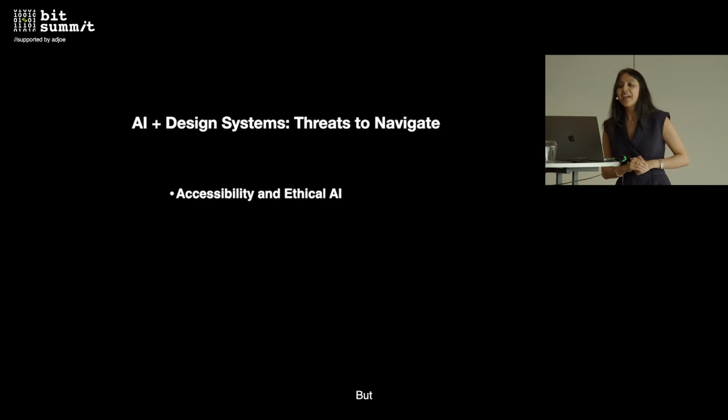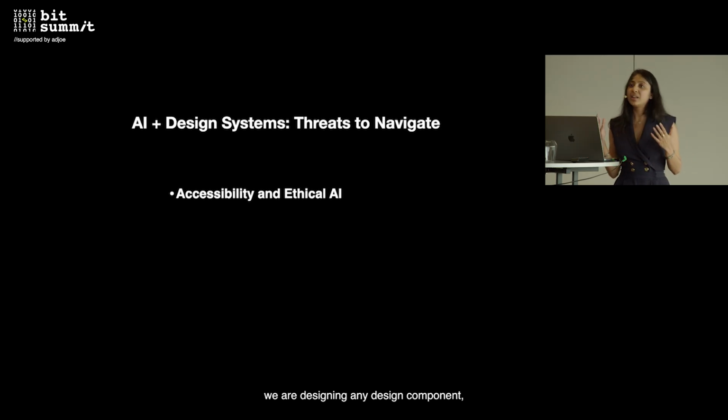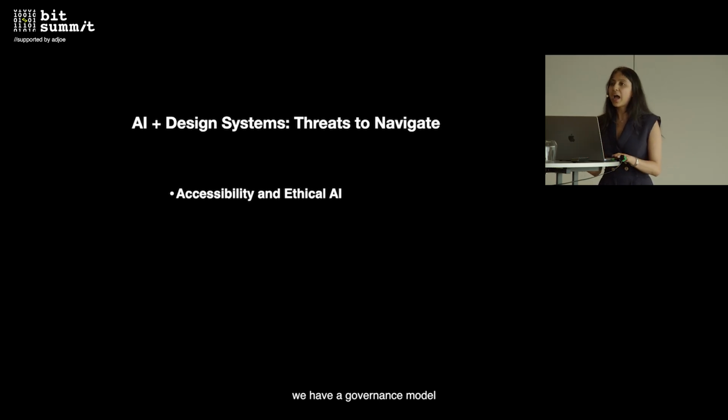But at Adobe, whenever we are designing any design component, we have a governance model or a compliance list. We want to make sure that our component follows all the accessibility guidelines. We want to make sure that it has keyboard navigation enabled. We want to make sure that it has voiceover support. We want to make sure that it has color contrast and whatnot.